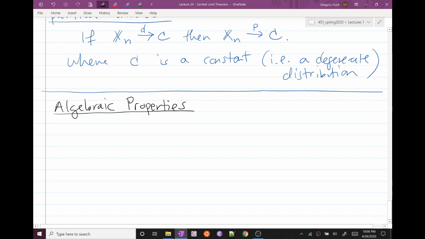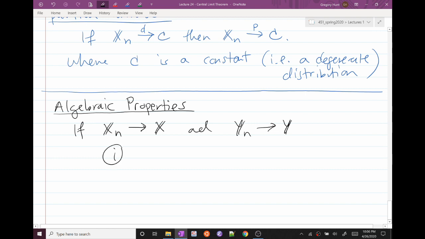And the other algebraic properties that we can write down are, so we could say if x sub n converges to x, and we have some other sequence y sub n that converges to some y. And they're going to be very vague, purposefully, about what kind of convergence.